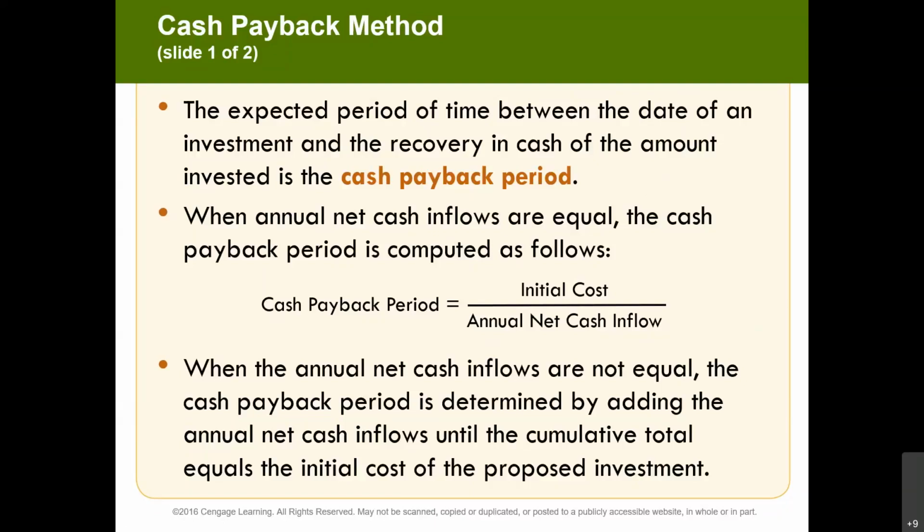In year one, my net cash flow is $5,000. In year two, it's $10,000. In year three, it's $10,000. Well, that means that my cash payback period would be 2.5 years. And how we got there was we added the cash flows together up until the point where it equals my initial investment.